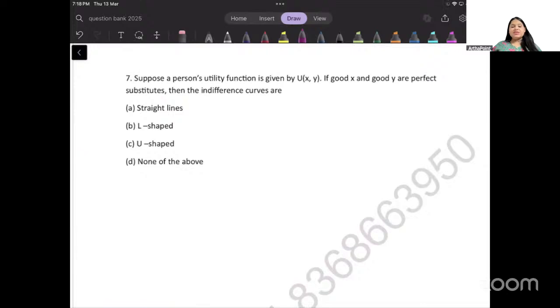Then indifference curves are straight line, L shape, U shape, none of the above.